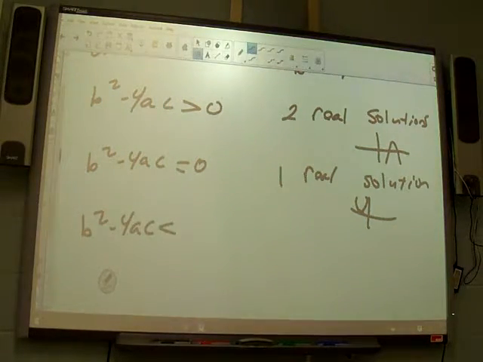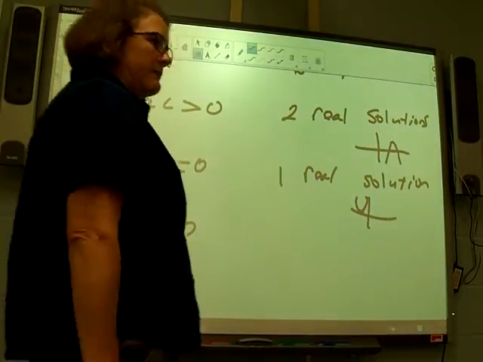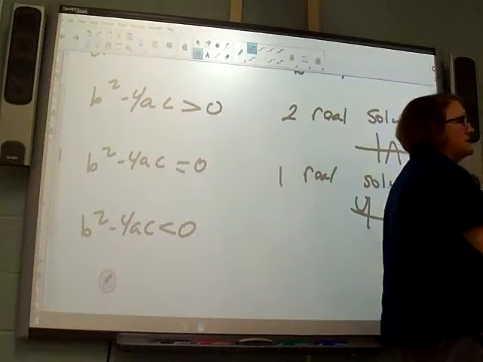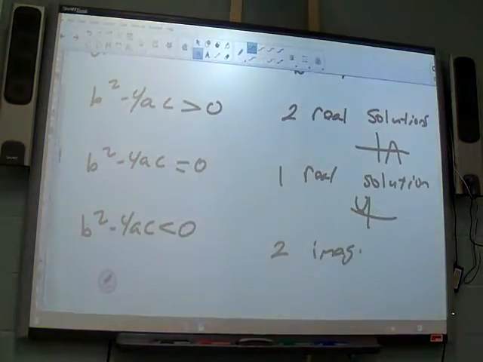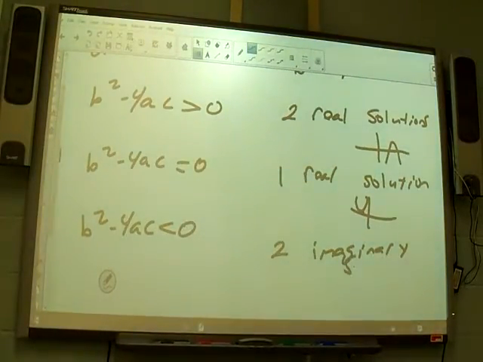Remember this is the part underneath the radical, so less than 0 means a negative. So what have we already learned happens when you get a negative underneath the square root? What does your answer result in? It's got a funny letter, an i, imaginary. So that means if my discriminant is less than 0, I'm going to have two imaginary solutions.